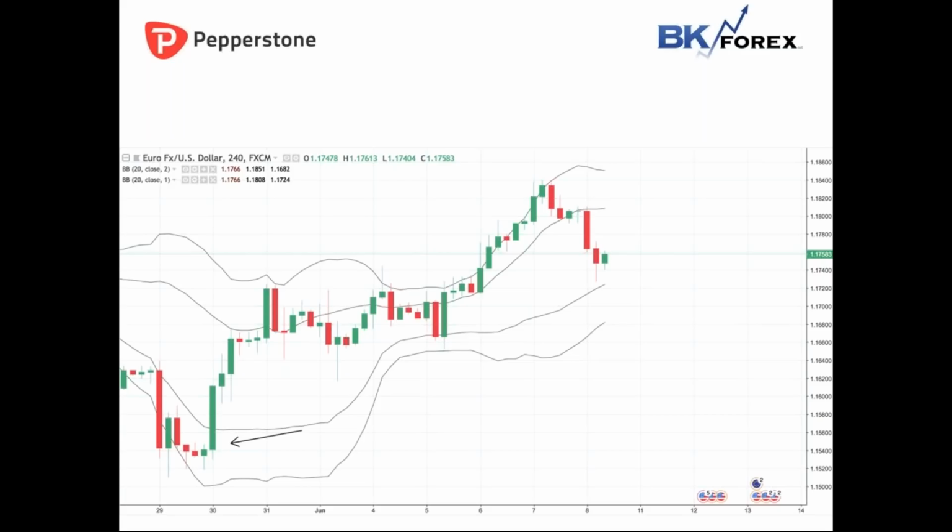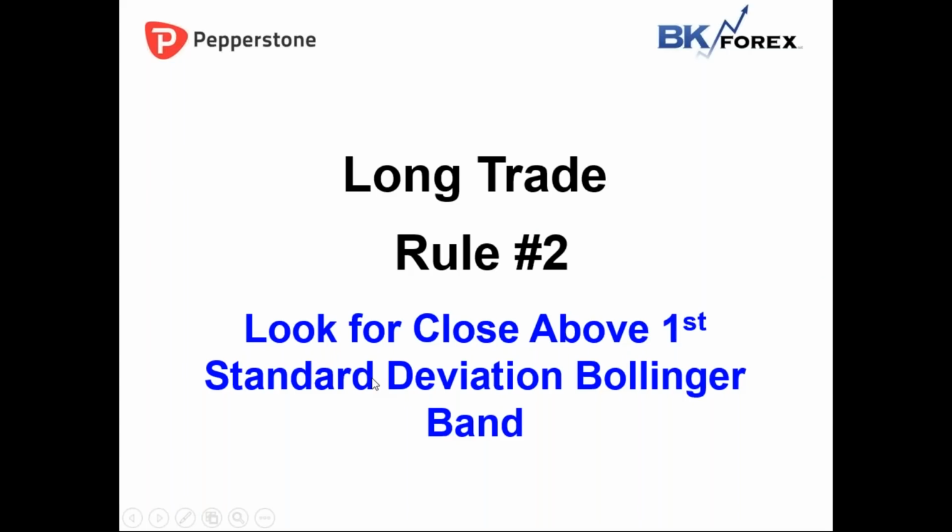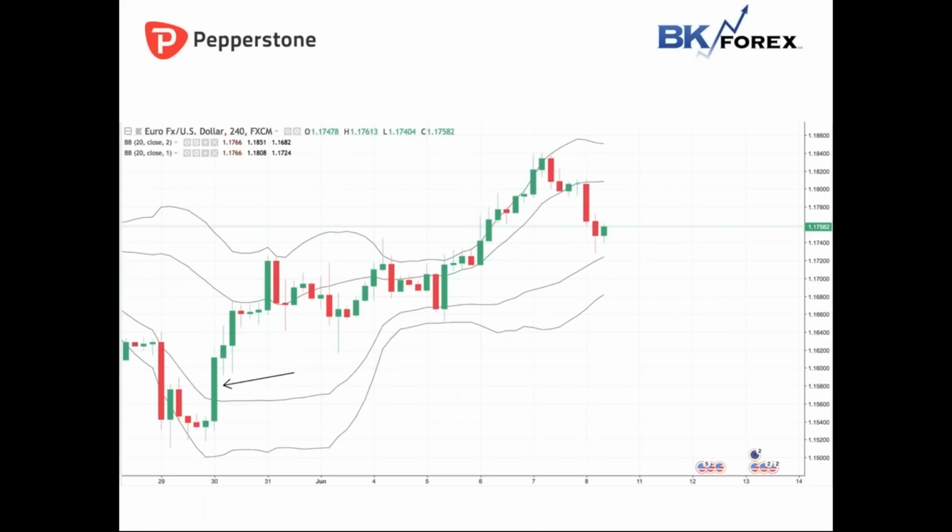Then you look for it to close above the first standard deviation Bollinger Band, and that's what it looks like on this chart.